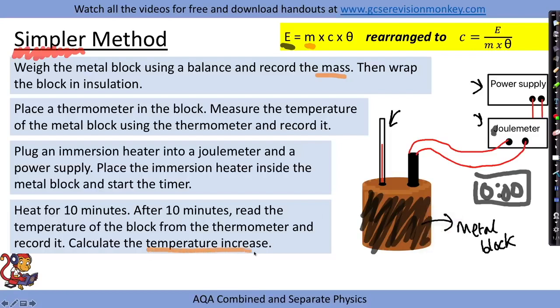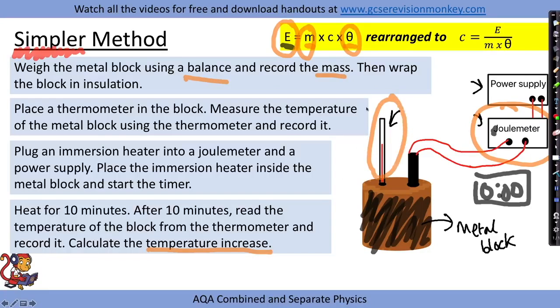Temperature after minus temperature before gives us the temperature increase. So now we have 3 values which we can use to calculate the specific heat capacity. We've got the energy from the joule meter, we've got the mass which we've recorded on the balance, and we have our temperature change which we've recorded using the thermometer.